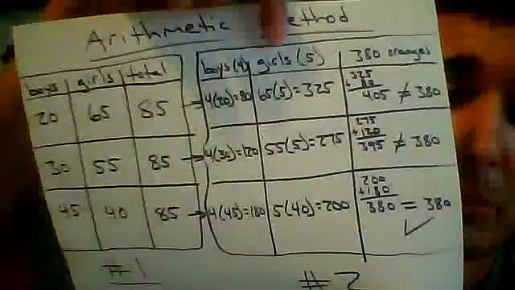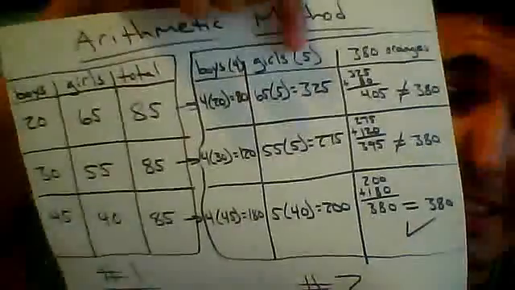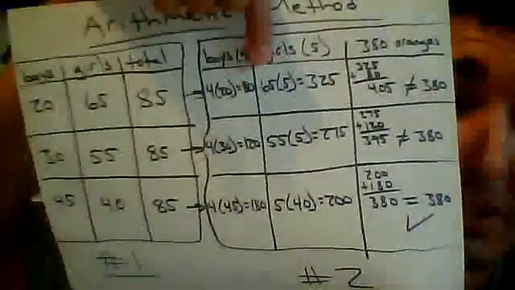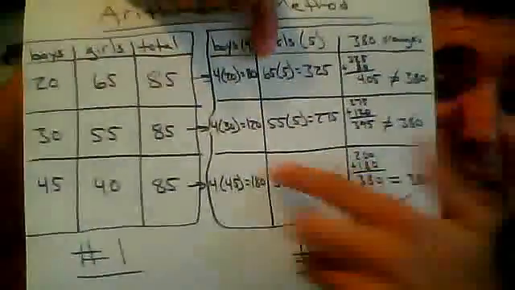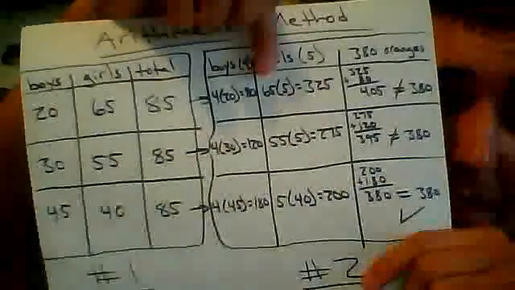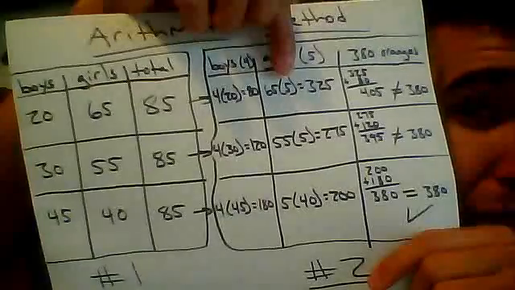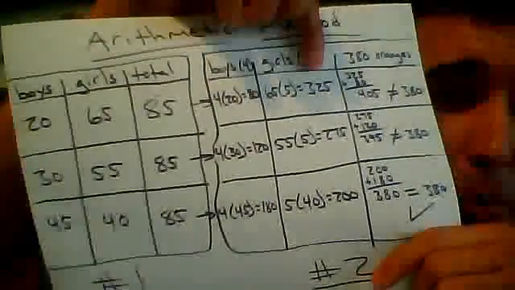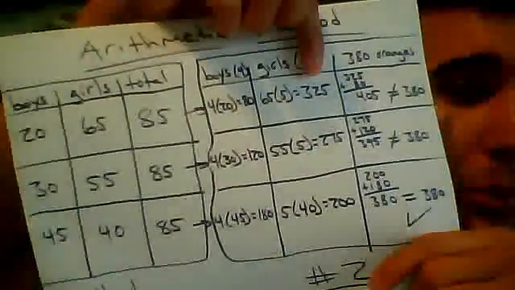Then we have to multiply for our girls also. We said that each girl gets 5 oranges. So if we guessed that we have 65 girls in the class, each of them gets 5 oranges apiece. Multiply those two together, and that would equal 325 total oranges.